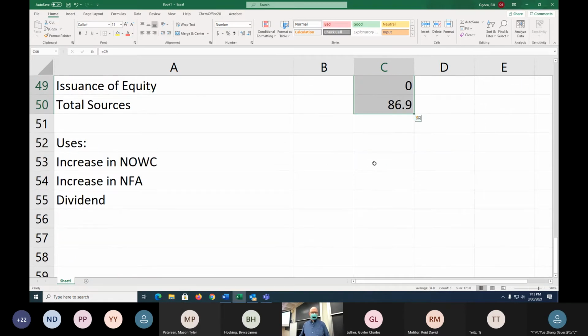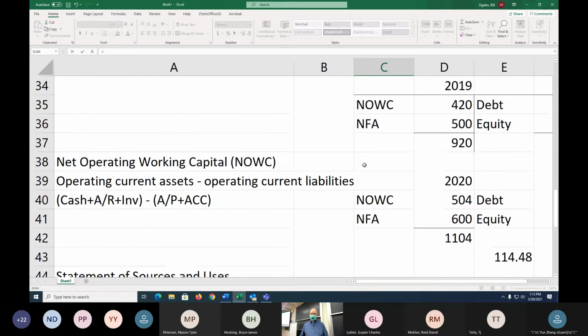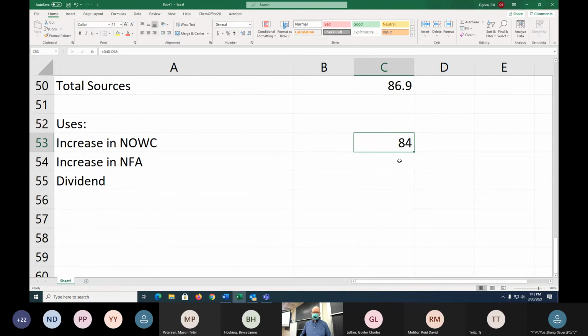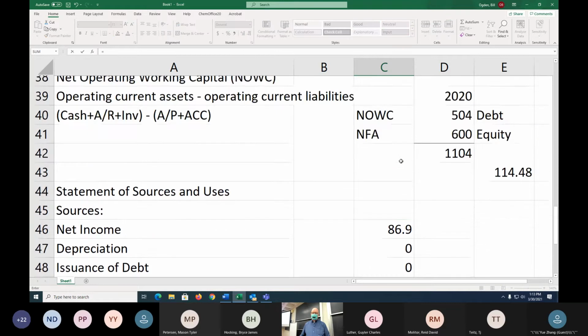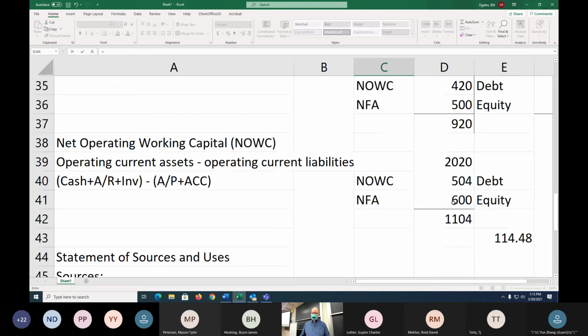Then our uses, increase in operating working capital. So we come up to our restated financial statements, and we've increased operating working capital from 420 up to 504, so we'll take that difference. And then we'll capture our increase in net fixed assets. So 600 subtracting 500.